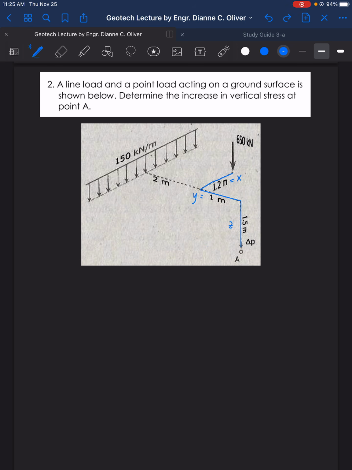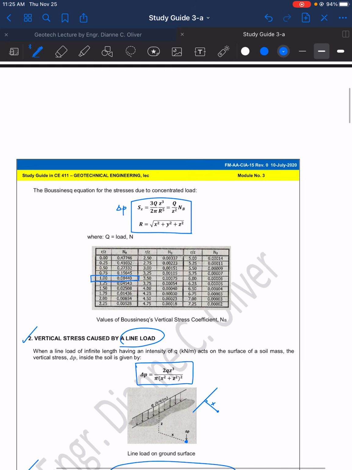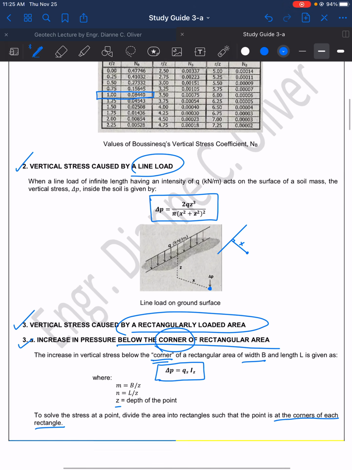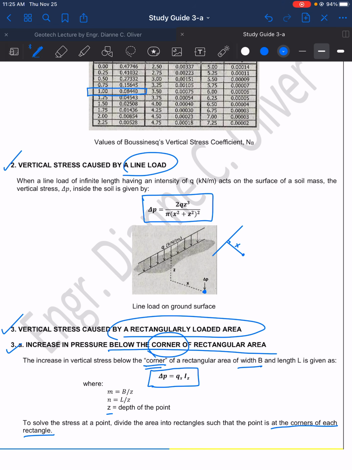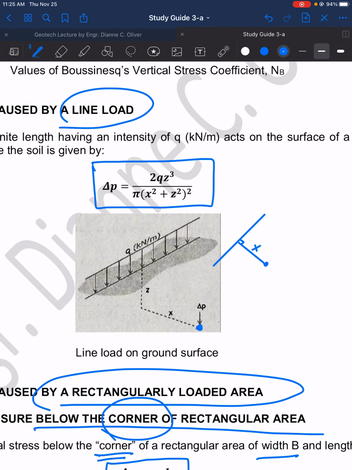Now how about the formula for line load? So line load is formula number 2, vertical stress caused by a line load. So here is our formula for the line load. Delta P is equal to 2 times small q z, or the depth, raised to 3, divided by pi times the x distance squared plus the depth z squared, then all of them squared.